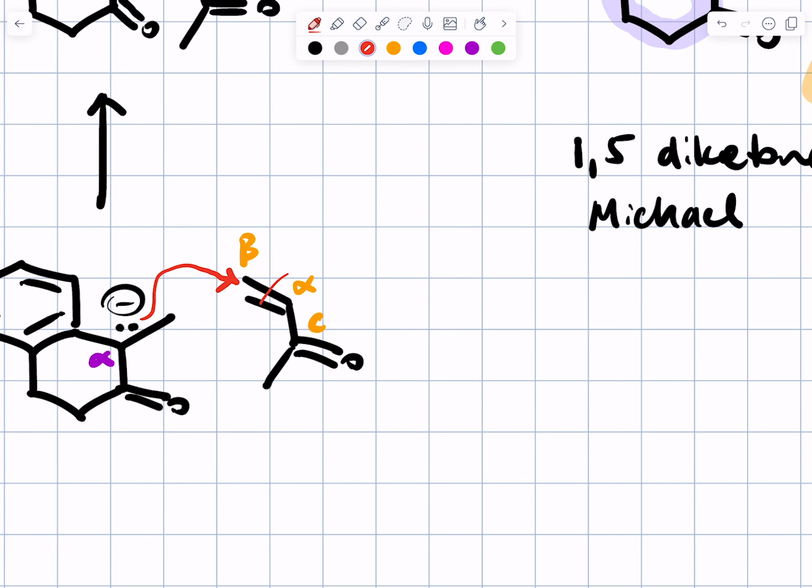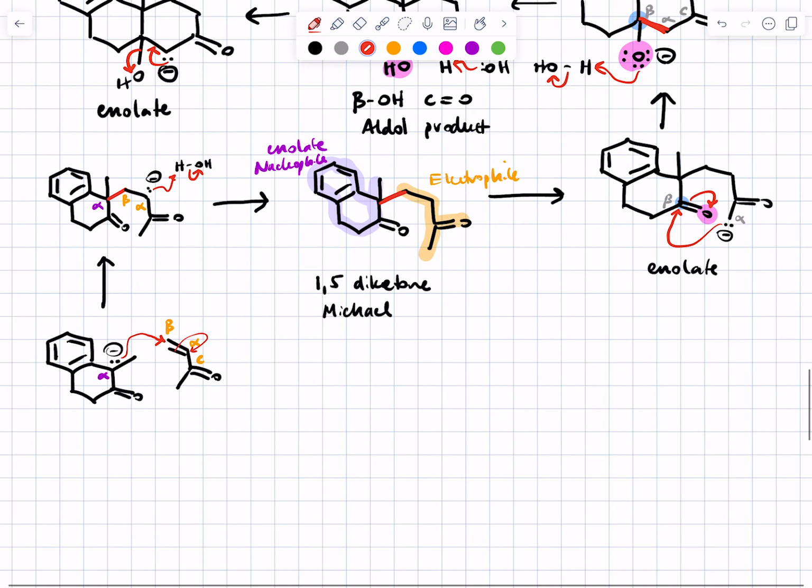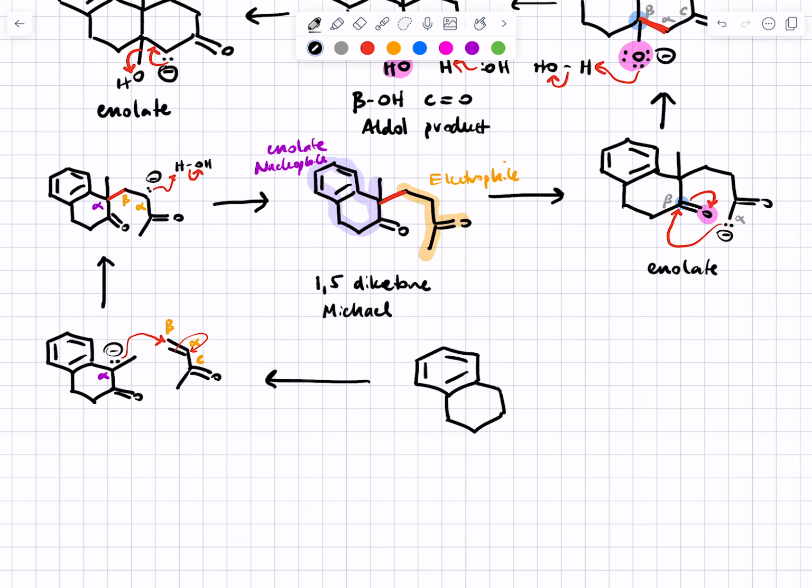Enolate attacks beta carbon and electrons go on the alpha carbon. Then the immediate precursor to that is simply our ketone starting material, which looks like this, and we'll show generating the enolate by having hydroxide remove a proton from that alpha carbon.